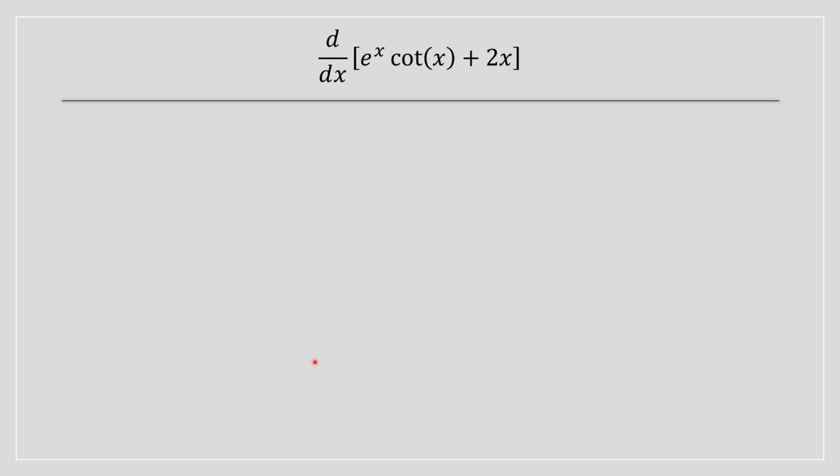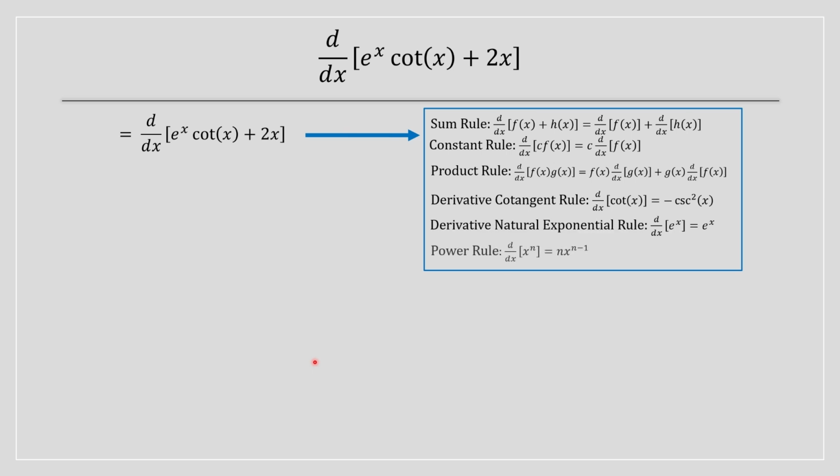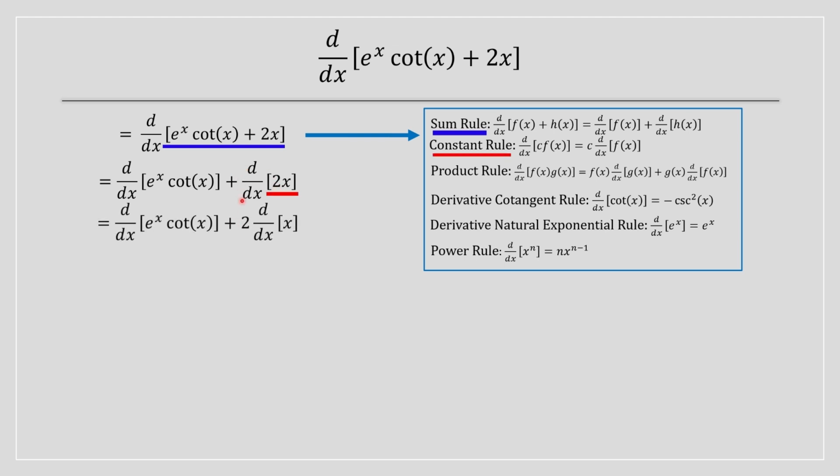Question 14 over here. The first step is applying the sum rule. So this is our list of rules, and we're going to apply the sum rule over here because we've got to distribute this derivative term inside. The reason why is because we have a plus symbol. And now we can apply the constant rule to remove this constant and bring it outside. Once we've done that, we can apply the product rule over here, because there are two functions being multiplied.